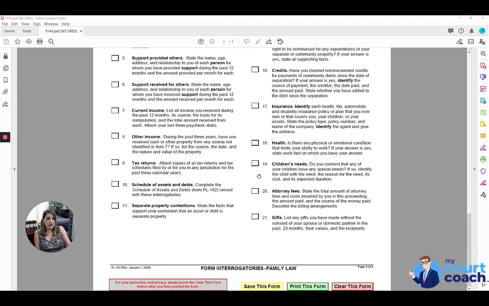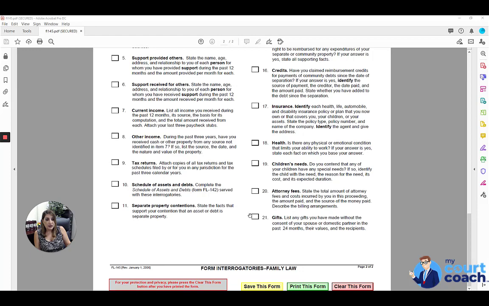And then line 20, if attorney fees are at issue and you want to request the other party to disclose the total amount of attorney fees and costs incurred by them, how they've been paid, and describe the billing arrangements, mark box 20. And then 21, and this, again, probably only pertains to a divorce or legal separation case, but if you want the other party to disclose any gifts they've made without the consent of their spouse or domestic partner in the last 24 months, their values, and the recipients of those gifts, you would mark box 21.